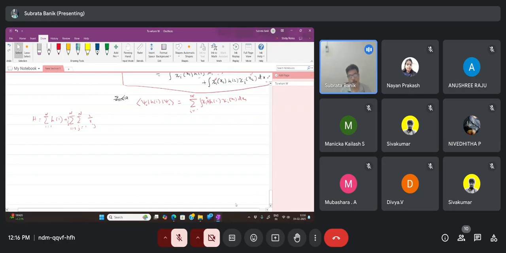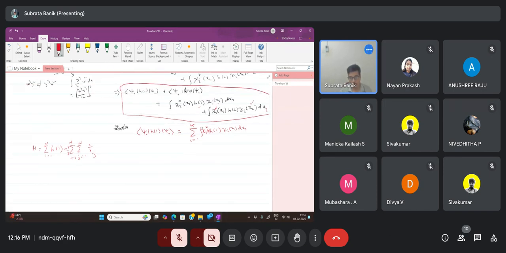So for two electrons, what I get for this term, I'll have H1 and H2, which will be equal to chi i star x1 h1 chi i x1 plus chi i star x2 h2 chi i of x2. So if I add them, I get the sum over i equal to 1 to 2. For n electrons, it will be the sum over i equal to 1 to n of chi i star x1 h_i chi i of x1. Let me write it x1 because they are the same.